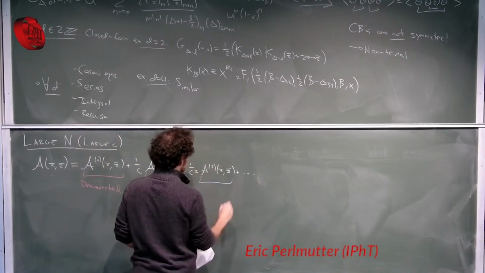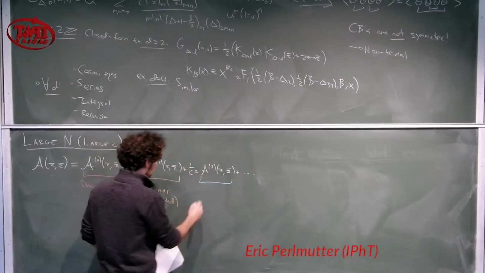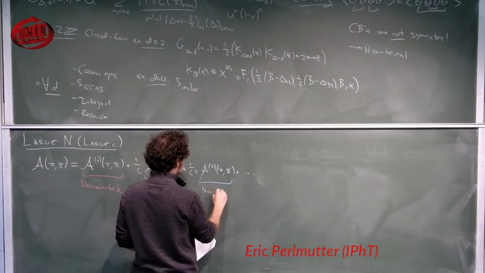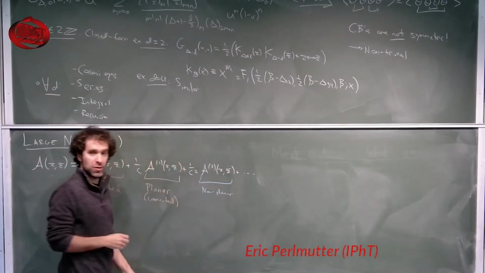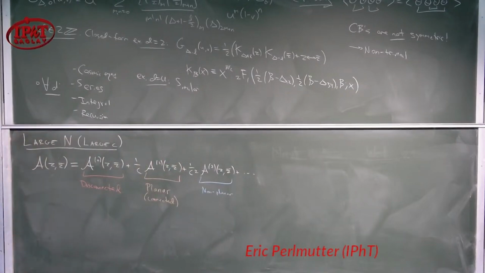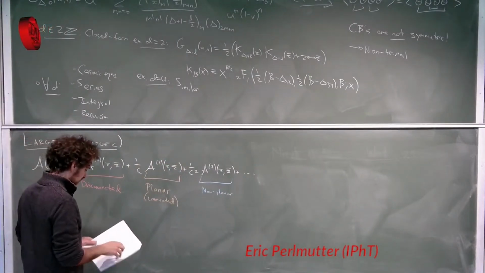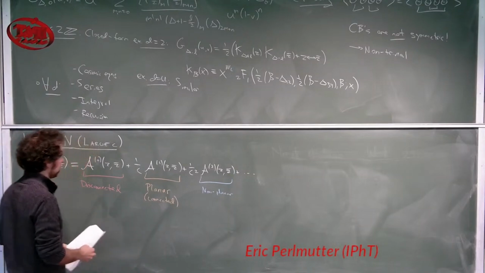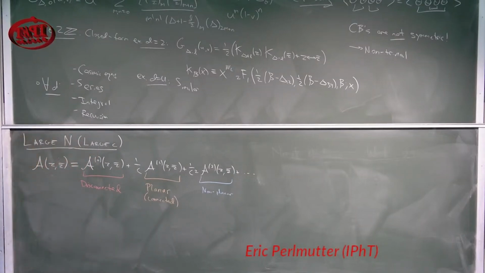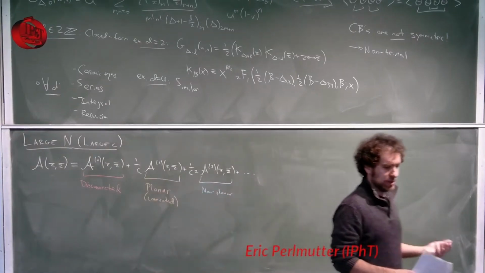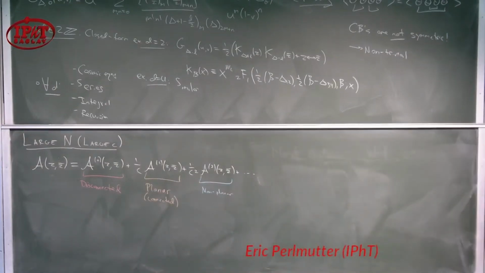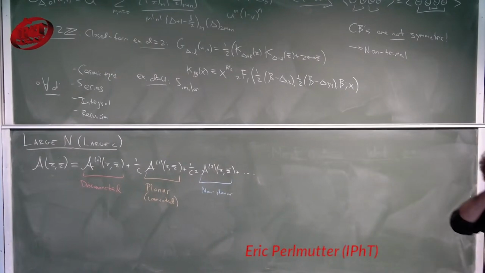And this 1 over c squared correction is the first non-planar contribution to the 4-point function. The fact that the expansion is in integer powers of 1 over c is something that you can see explicitly from the large c counting of 2 and 3-point functions.